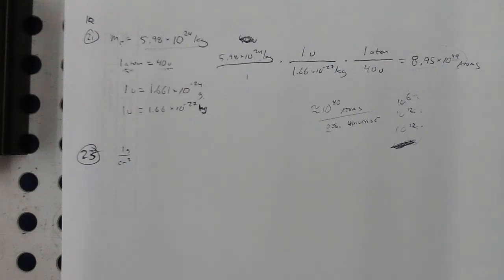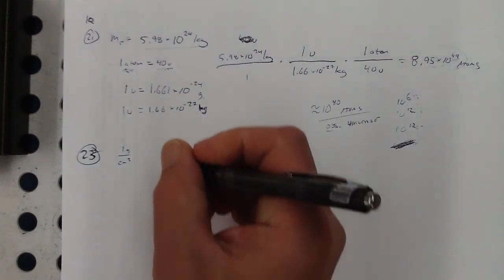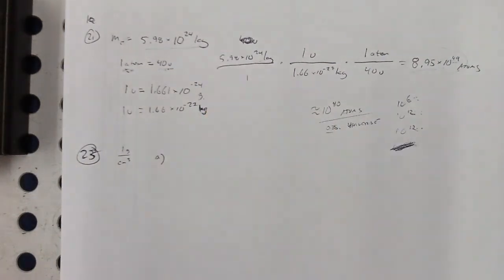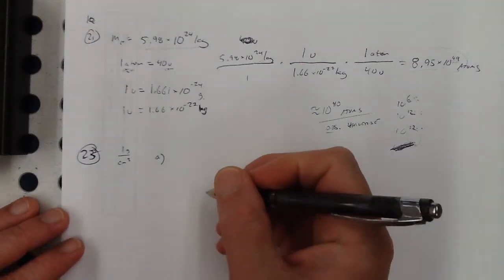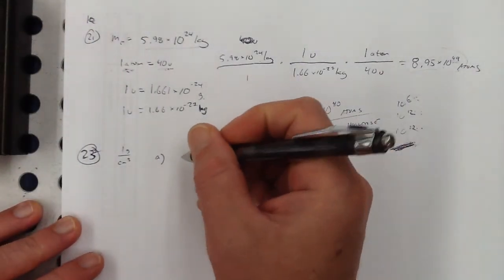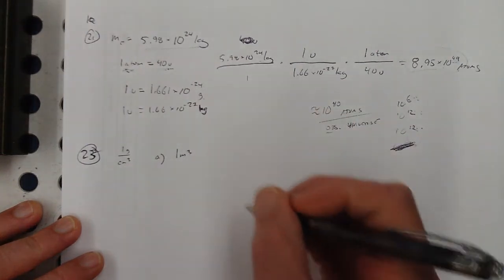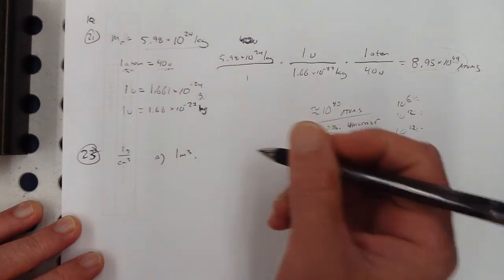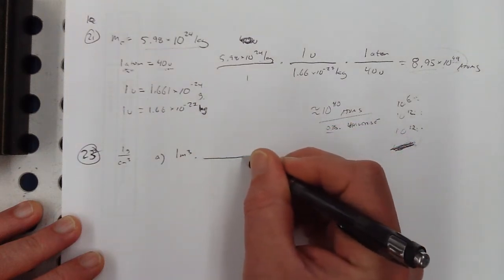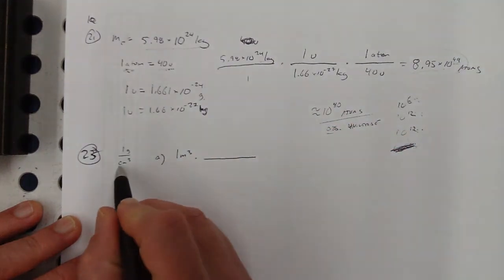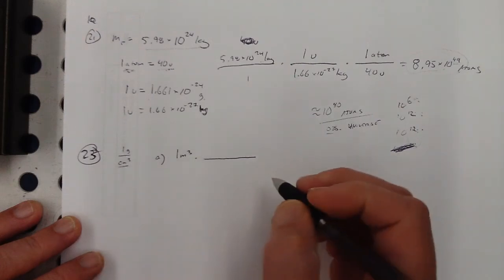All right. Let's go ahead and do part A first. We want to find the mass of 1 cubic meter of water in kilograms. So I have 1 cubic meter of water, and I want to convert that to kilograms. First, I need to get to cubic centimeters.